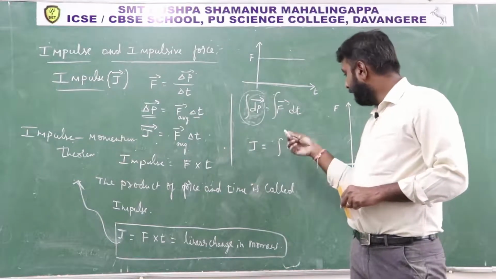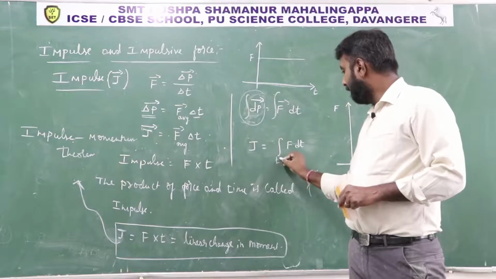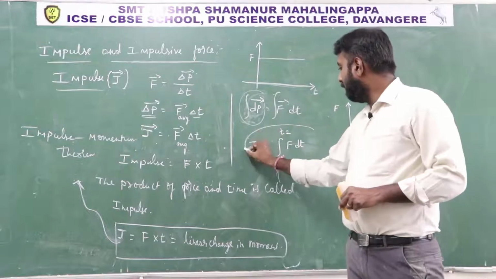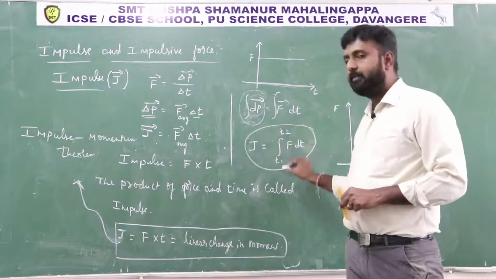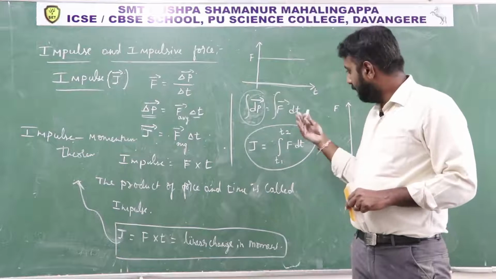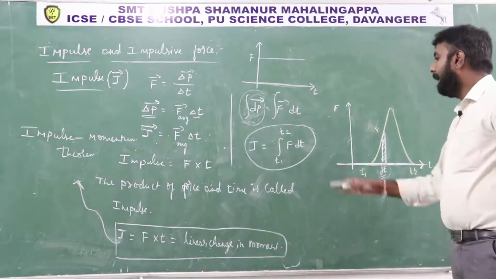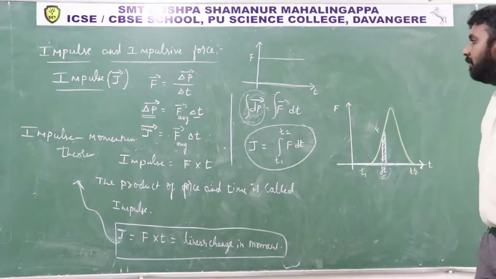Here you can give limits from time t1 to t2. Just remember it formula-wise; right now you will not understand this step. In this way also we can find the impulse for a variable force.